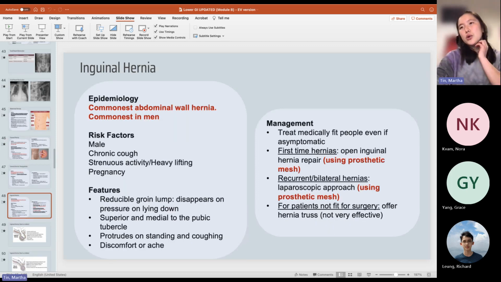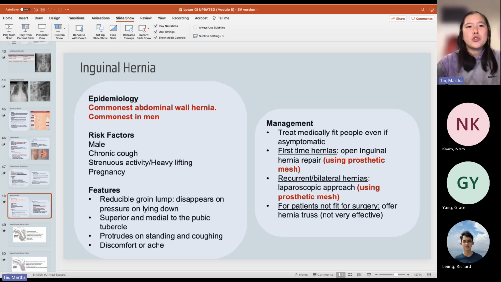Cool. So moving on, inguinal hernias. This is more common overall, and it's most common in men, especially men who do strenuous labor, like lifting a lot of really heavy things, and also anything that increases the pressure on the bowels, like pregnancy, making them more likely to herniate and putting people at a higher risk of getting an inguinal hernia.